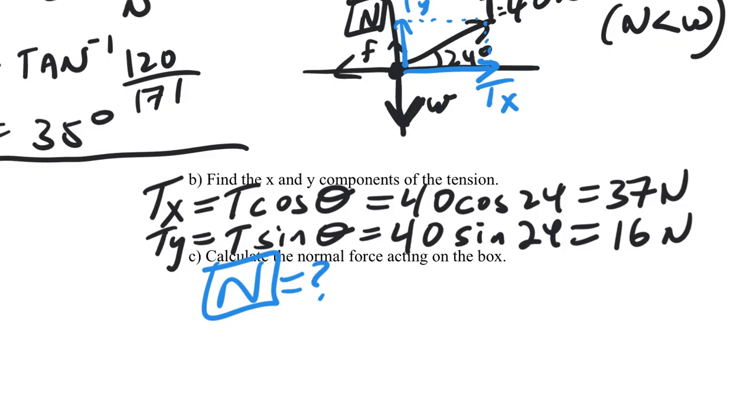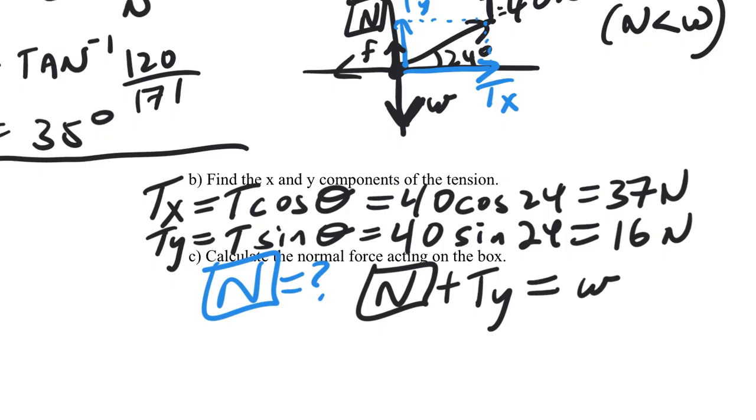Okay, so normal force. Because the block is not coming off the ground, this is being pulled forward and upward, we can say that the vertical force is balanced. So we can say N plus Ty, the upward pointing force, is equal to the downward pointing force. So normal force equals W minus Ty.